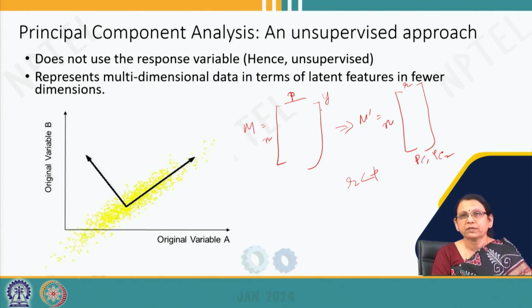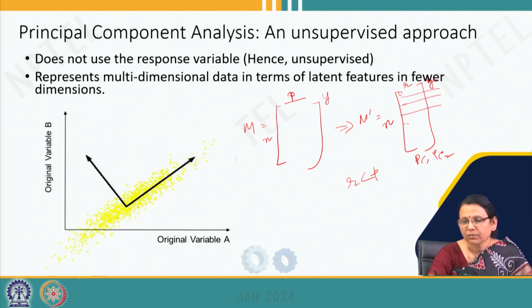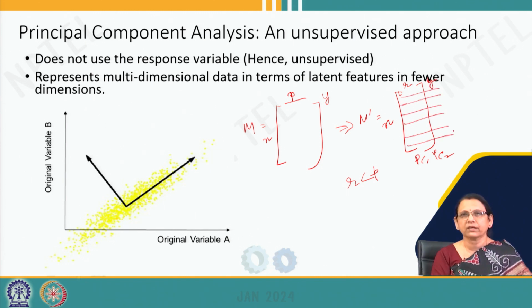Of course, these principal components we can use in a supervised approach, where we have these latent features PC1 and PC2, and we also use the response variable y, and put together we have our data set with latent features and response variable. So, we can use this as our training data and build our supervised model.